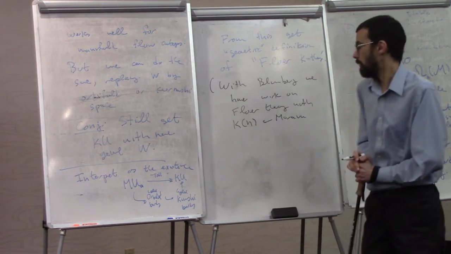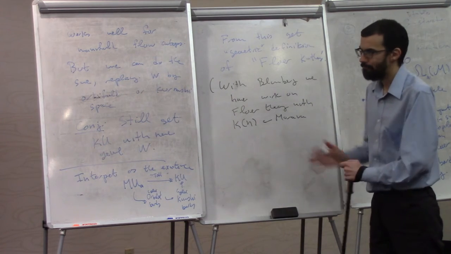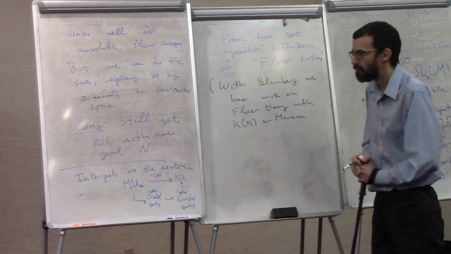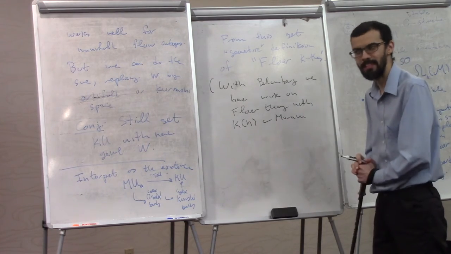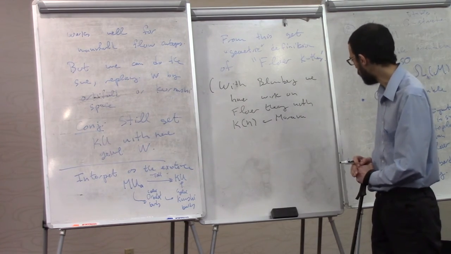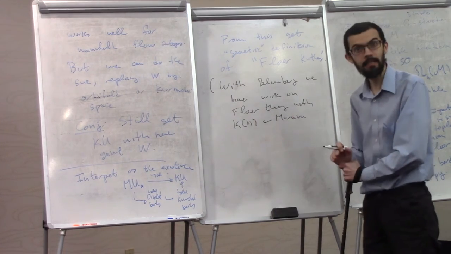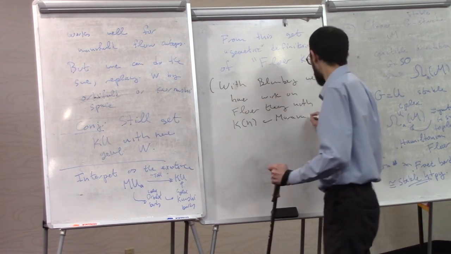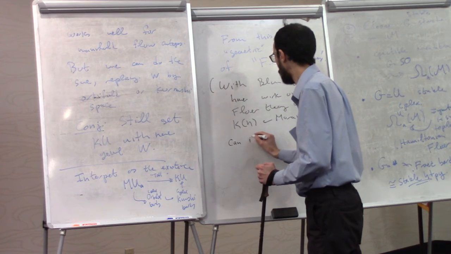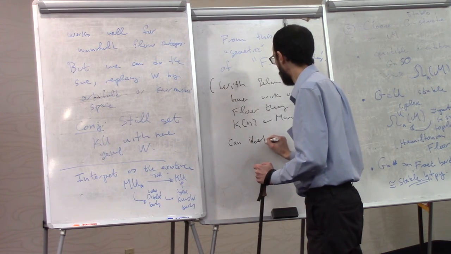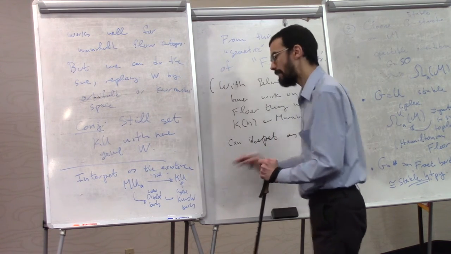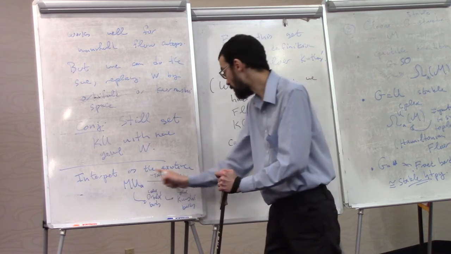Unfortunately, it is not going to be written in this language. It's going to be written in whatever language we wrote it in. But you can interpret that in this language as exactly this thing. In fact, this is in some sense something we proved.